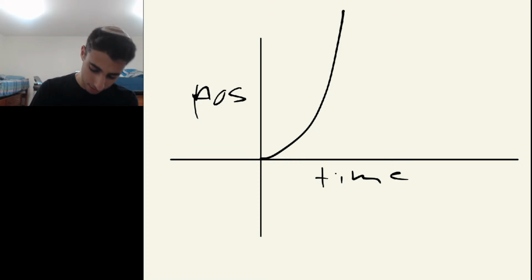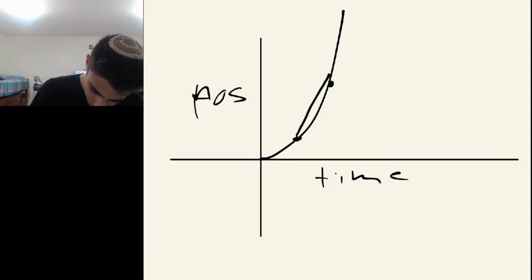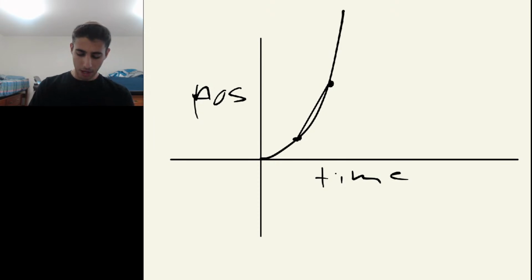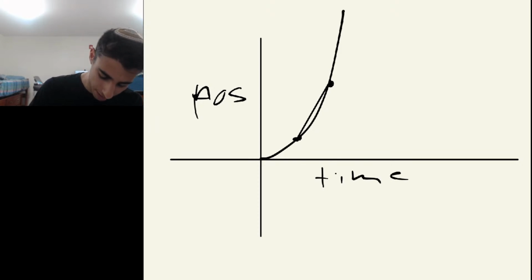Imagine we choose time 1 to be this. I hate how I can't just make a dot. Time 1 is this, and time 2 is this. Your average velocity is the slope of this line that I've drawn.